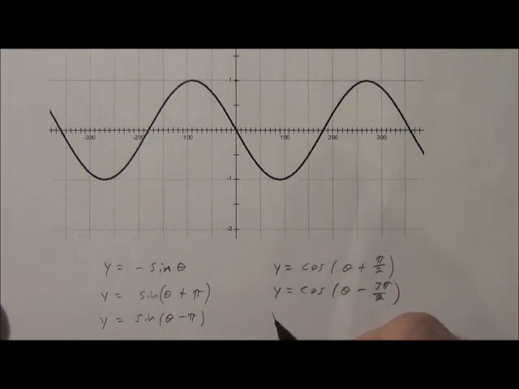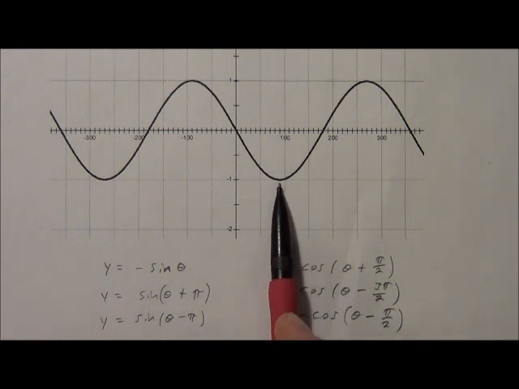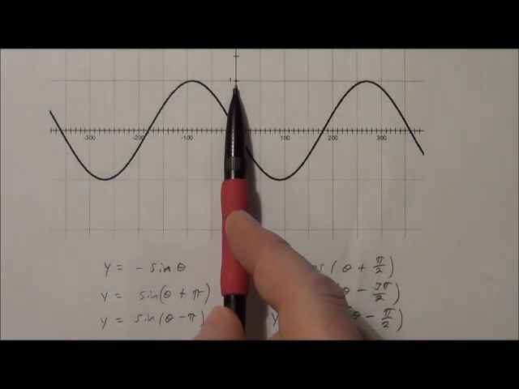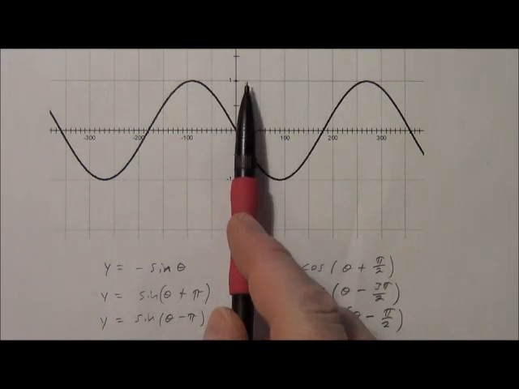And we could also see it as y equals negative cosine of theta minus pi by 2. So it's been reflected in the theta axis and shifted to the right pi by 2, meaning that this would be the beginning of a typical cosine curve where it would start at 1 when theta is 0.